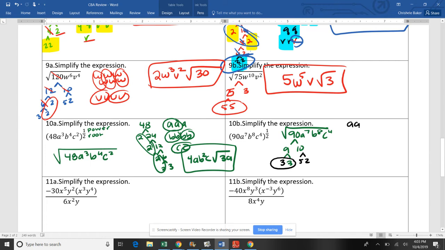A to the 7th. Group, group, group, leftover. B to the 8th, we know is 4 groups. C to the 4th, we know is 2 groups. So 3 groups of A's, 4 groups of B's, 2 groups of C's, a leftover 5 and 2, so 5 times 2 is 10, and then the leftover A.